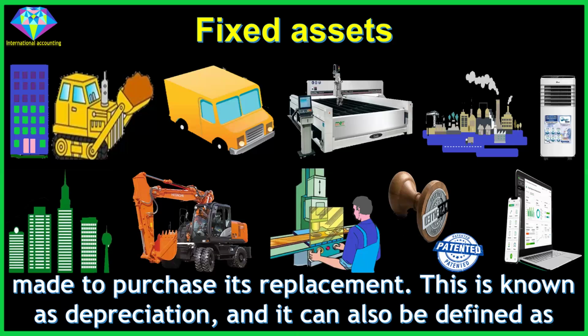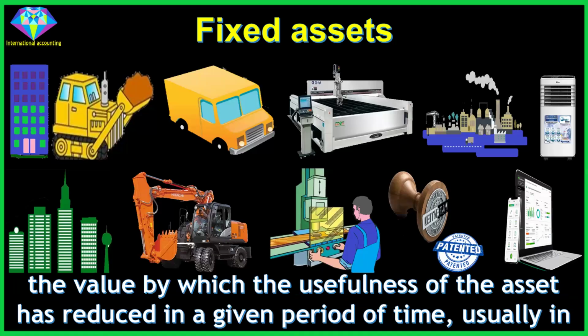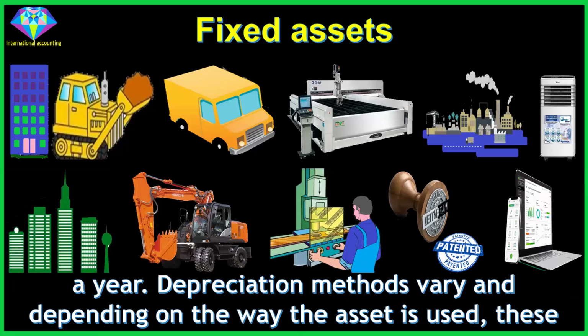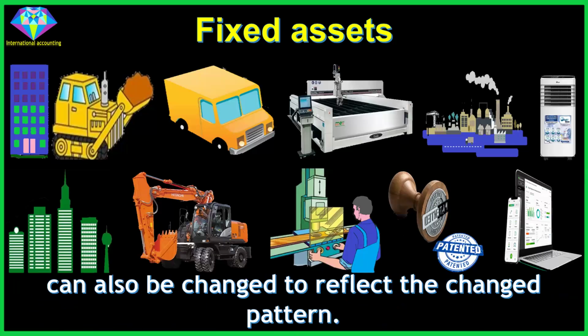This is known as depreciation, and it can also be defined as the value by which the usefulness of the asset has reduced in a given period of time, usually in a year. Depreciation methods vary and depending on the way the asset is used, these can also be changed to reflect the changed pattern.